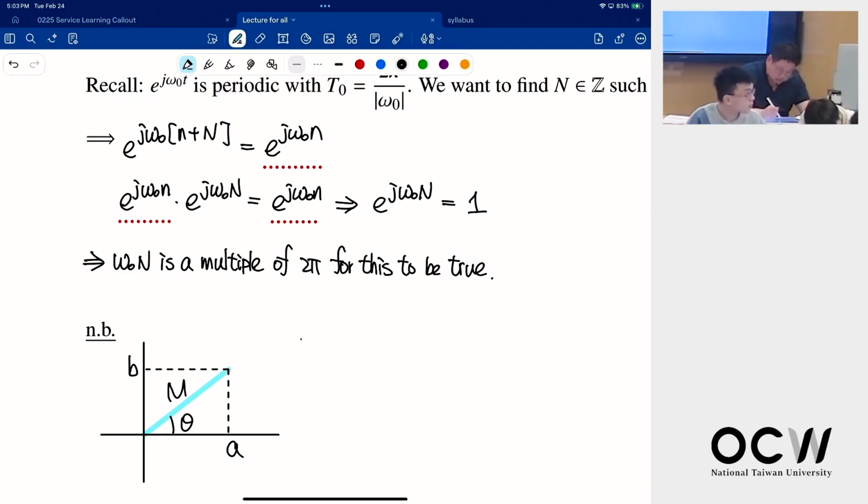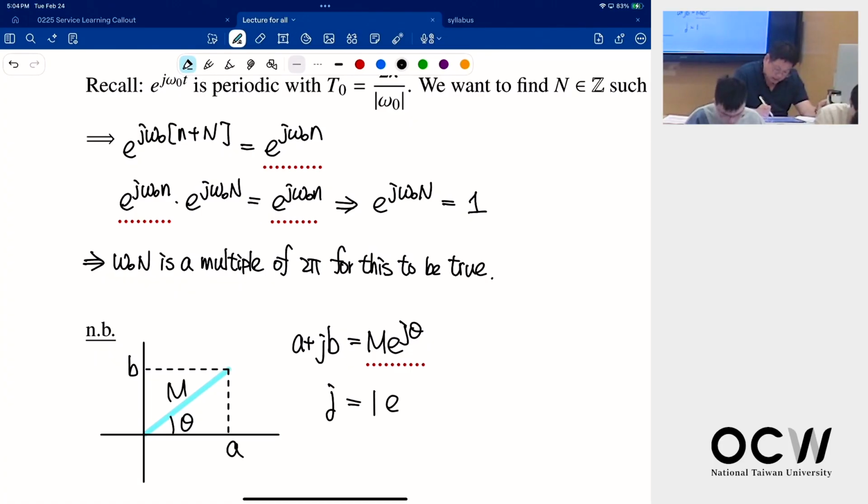So a plus jb will be the magnitude and the phase. If I have just j, that means the magnitude is 1, and the phase is pi over 2.